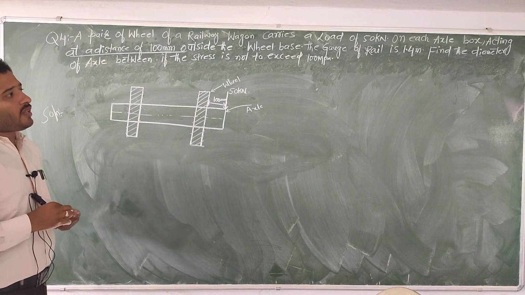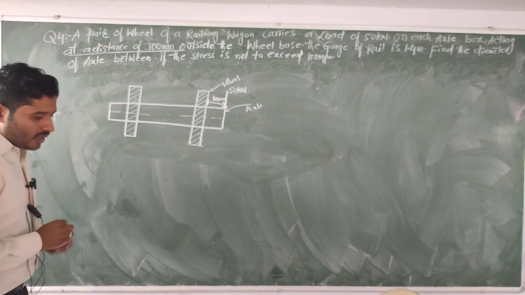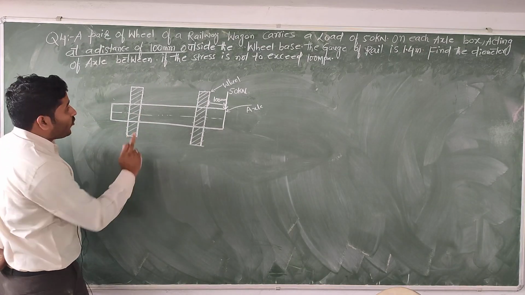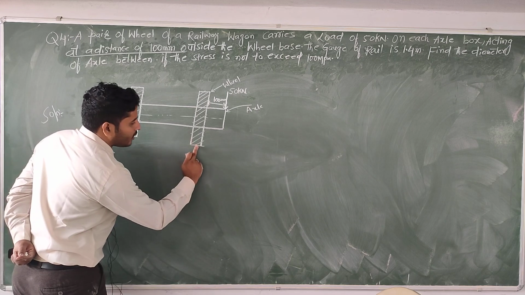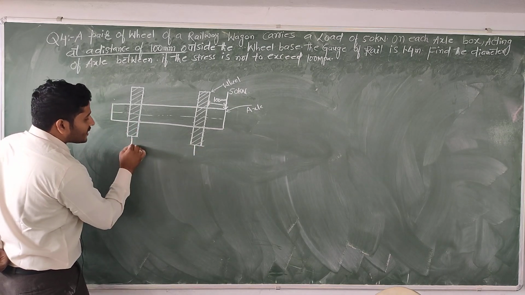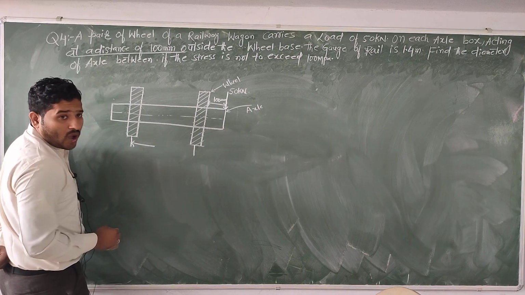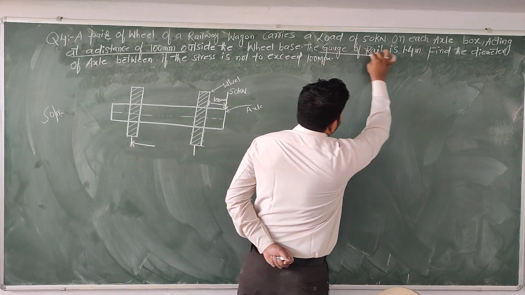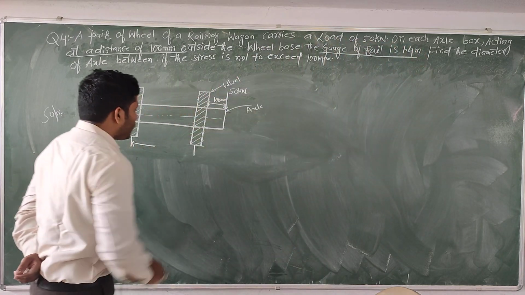The gauge of the rail means the distance between the first wheel and the second wheel. Here the gauge of the rail is given as 1.4 meter.